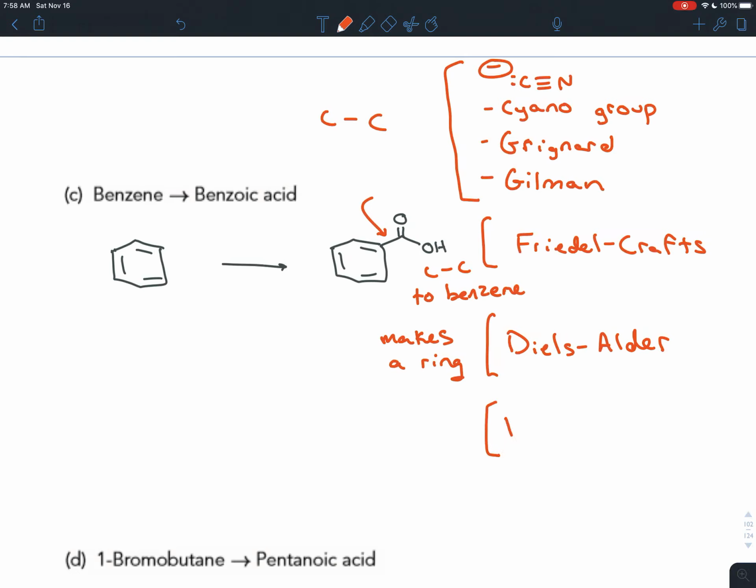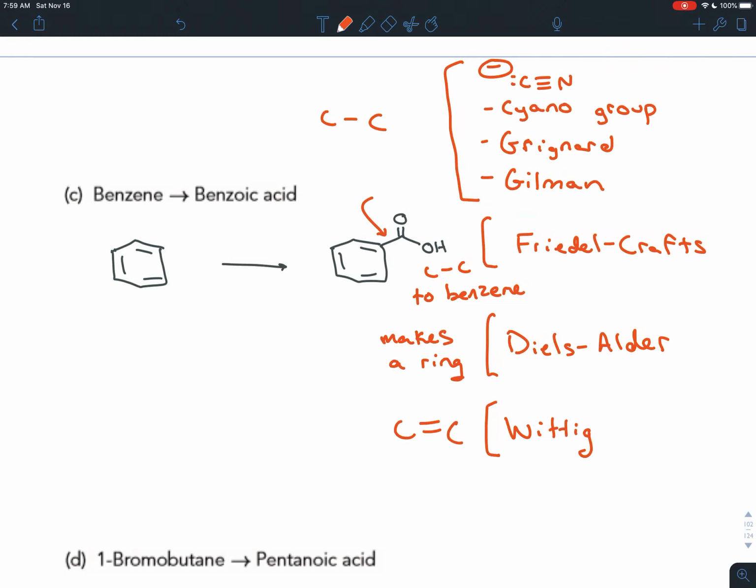You could use the Wittig reagent. That would make a carbon-to-carbon double bond. So those are a few of the carbon-forming reactions that we've learned, and some of them are new in this one. So here you see a sigma bond.